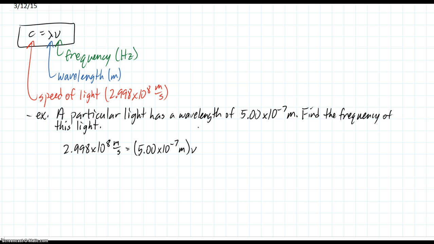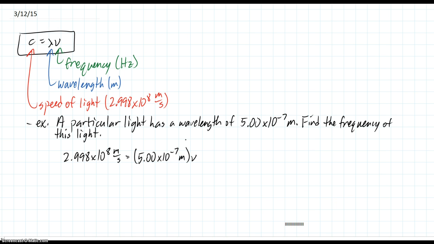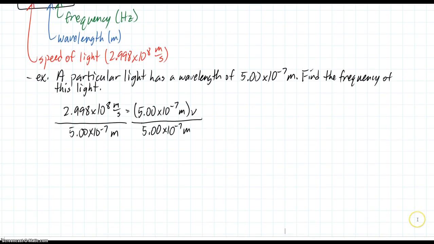So to solve for it, we divide both sides of the equation by 5.00 times 10 to the negative 7 meters. And if we plug that in, we will find that to three significant figures, the frequency is equal to 6.00 times 10 to the 14 hertz.